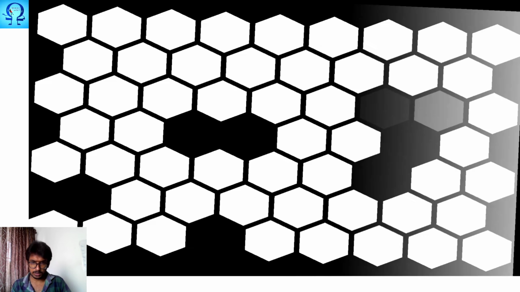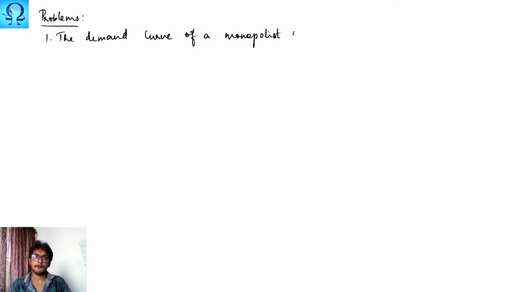Now let us look at some problems. Okay, so we are getting into problems. The first one: the demand curve of a monopolist is given by x equals 100 minus 4p.